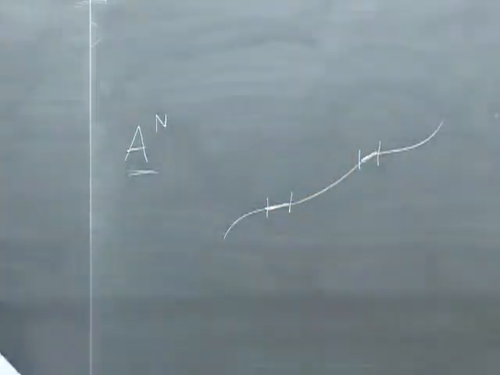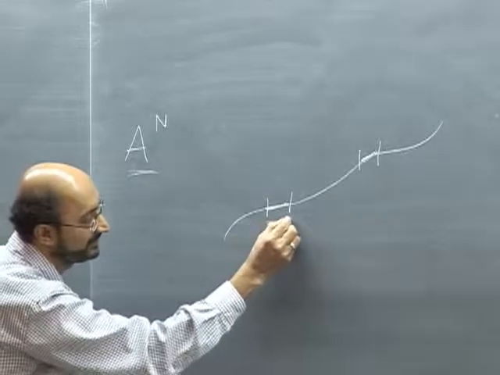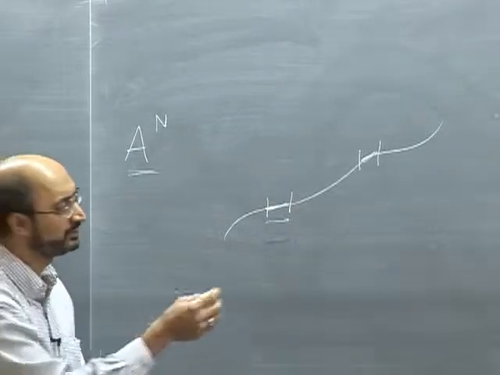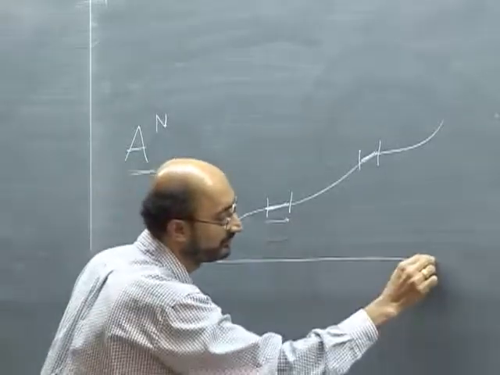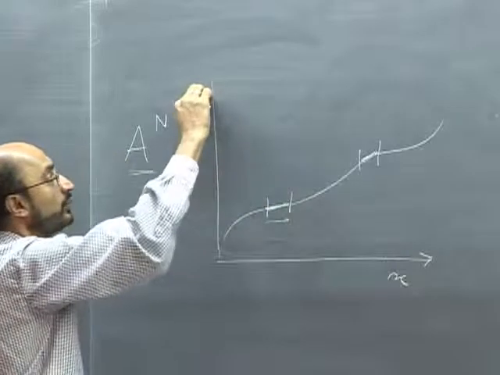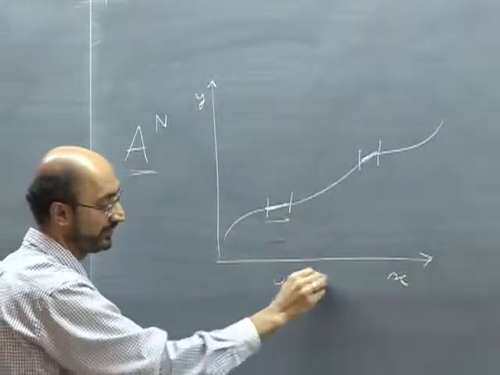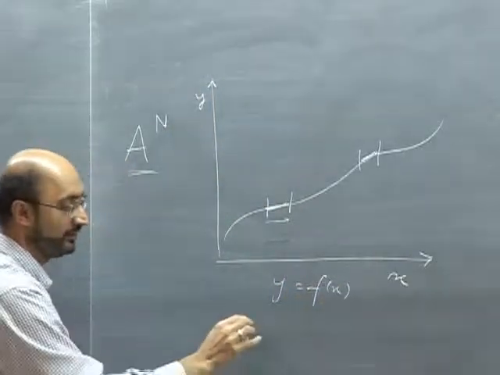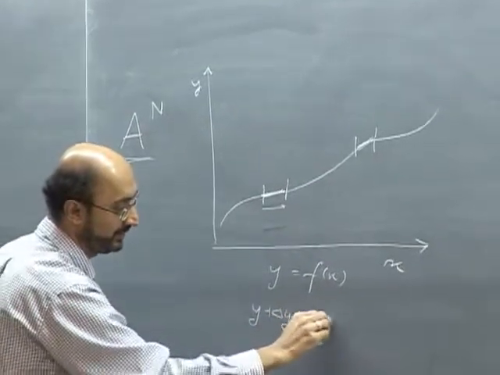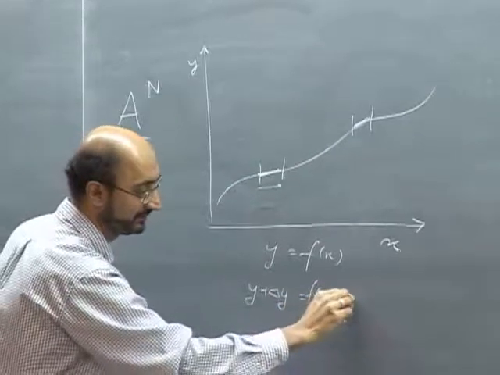And so what we can therefore do is to express this little step from here to here as a linear transformation. And that linear transformation could depend, let's say, just to put some values on this, it's a two-dimensional graph of x, and this is y, and so y equals some f of x. We can usually express y plus delta y as some f of x plus delta x.